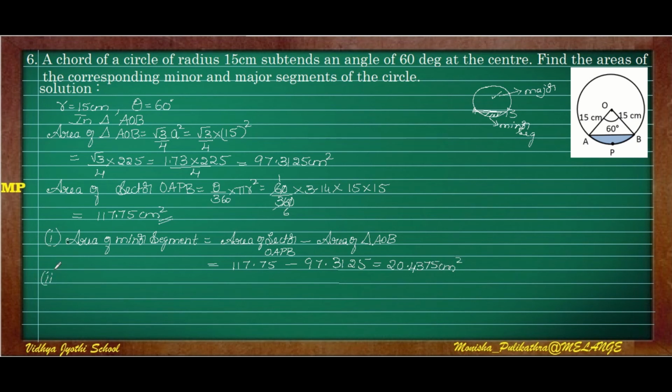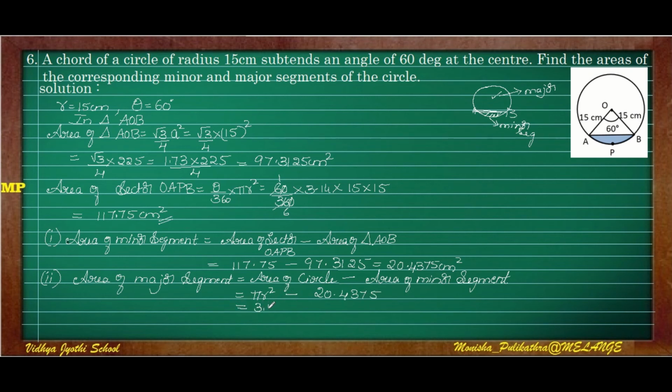The second is the area of major segment. In order to find the area of major segment, we take the entire circle minus this minor segment. That is area of circle minus area of minor segment, which we have found out just now. The area of circle formula is pi r square, minus the area of minor segment, 20.4375.